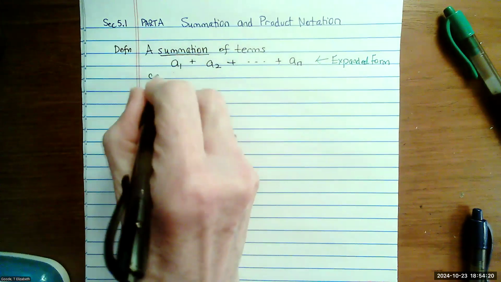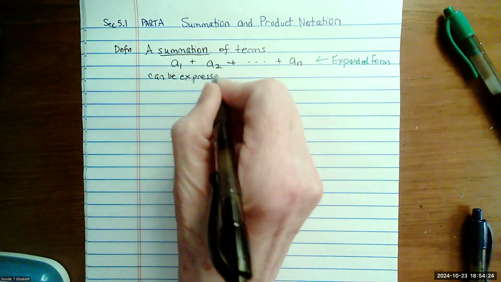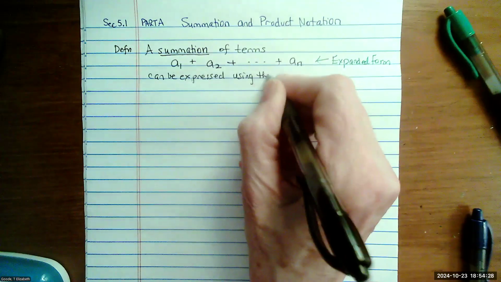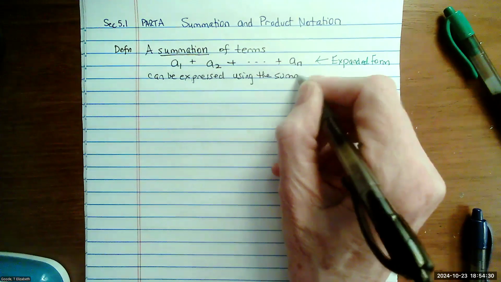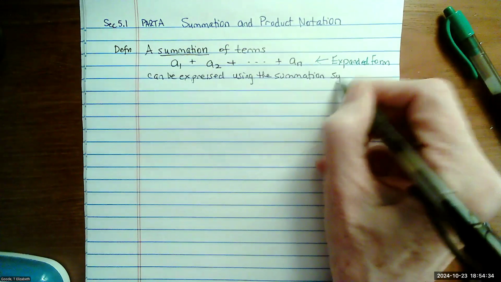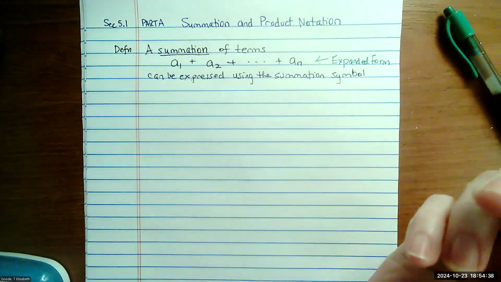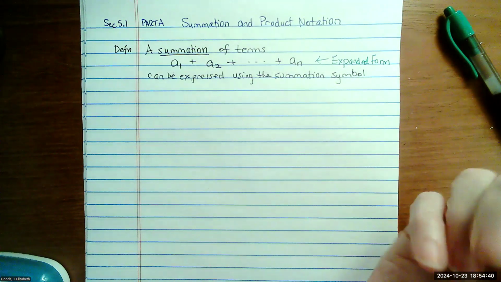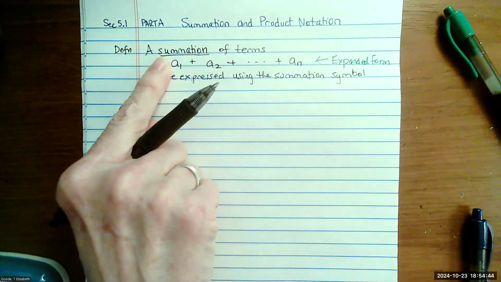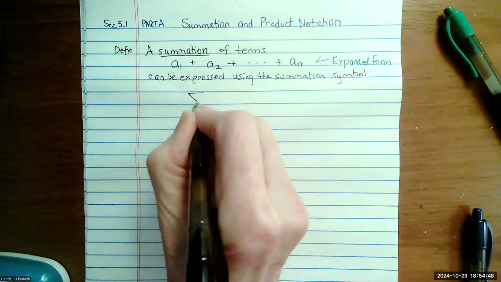But that can be expressed using the summation symbol. Now, everybody in here has seen folks wear their Greek lettered sweatshirts and whatnot, right? Anybody know what the letter for S is in Greek? Sigma. Exactly.